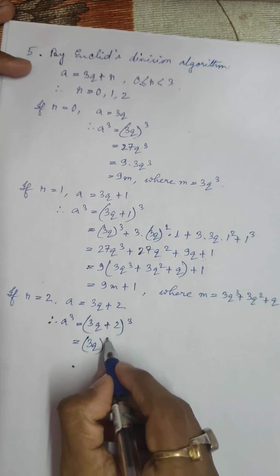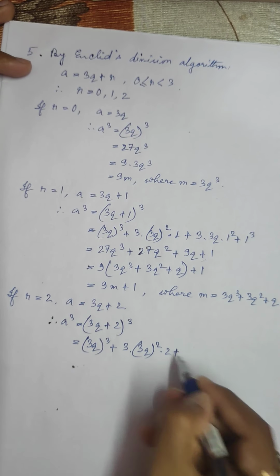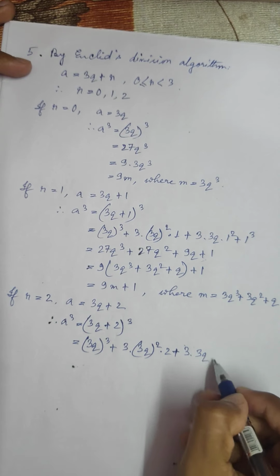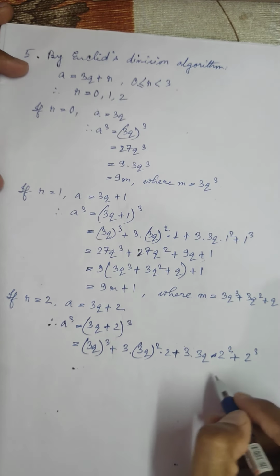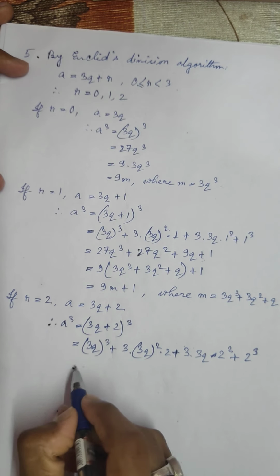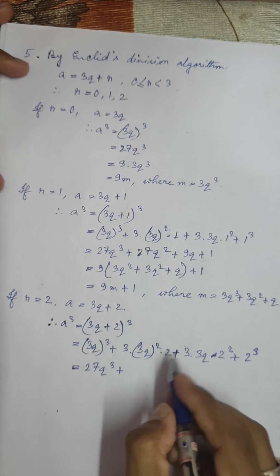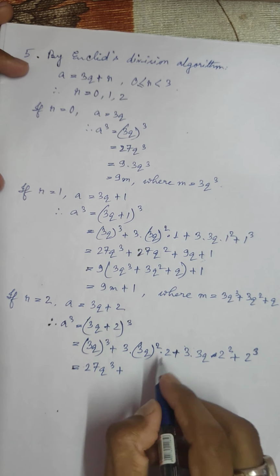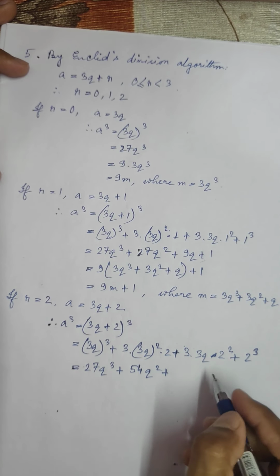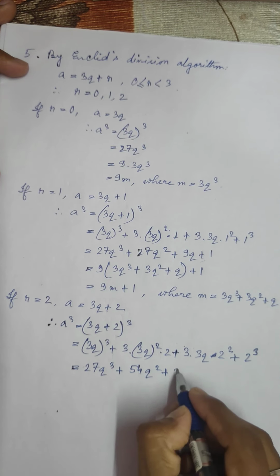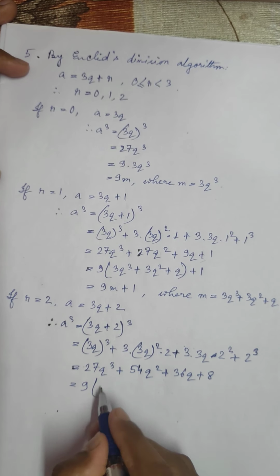Now again use the formula a cube plus 3a square b plus 3ab square plus b cube. Now take 9 common.